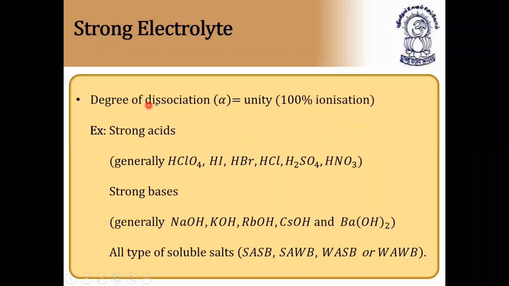As I told you, the degree of dissociation for strong electrolytes is alpha equal to unity, that is 100% ionization, equal to 1. So for strong electrolytes, the alpha value is always equal to 1. Examples are strong acids like HClO4, HI, HBr, HCl, H2SO4, HNO3, and strong bases: sodium hydroxide, potassium hydroxide, rubidium hydroxide, cesium hydroxide, barium hydroxide.